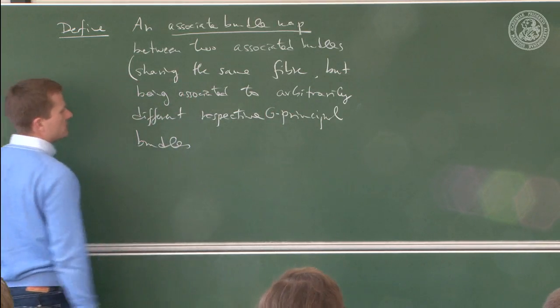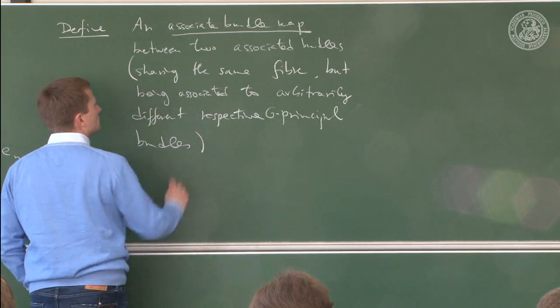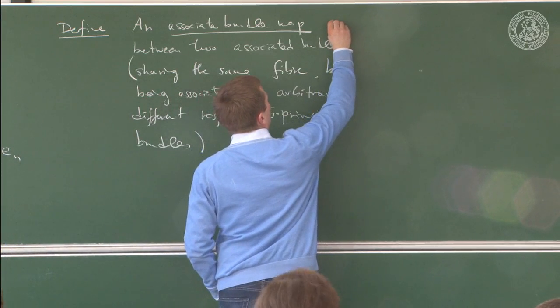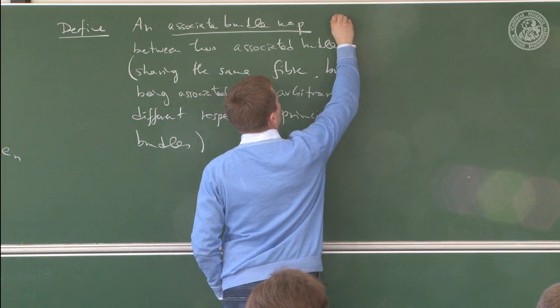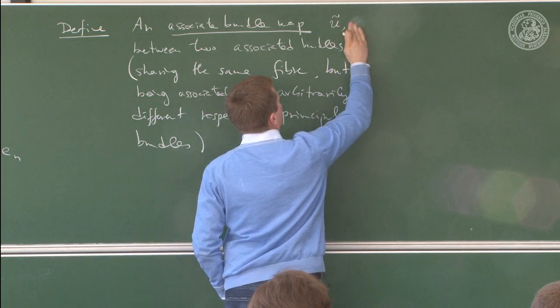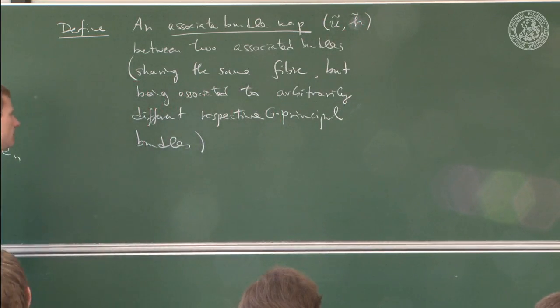So both principal bundles also share the same group. An associated bundle map, let's call it U twiddle, H twiddle. We always write U twiddle, H twiddle.